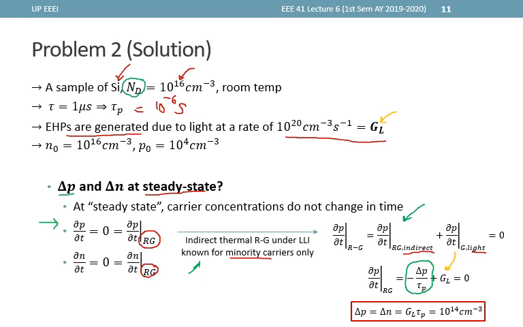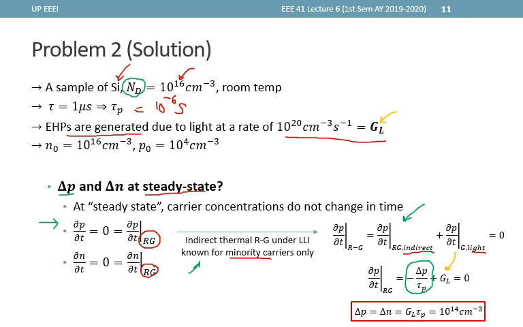Now, why did we equate delta P to delta N? So we know that indirect thermal RG happens in pairs, and generation due to light also happens in pairs. So whatever the excess for the minority carrier concentration P must also be the excess for the majority carrier concentration.